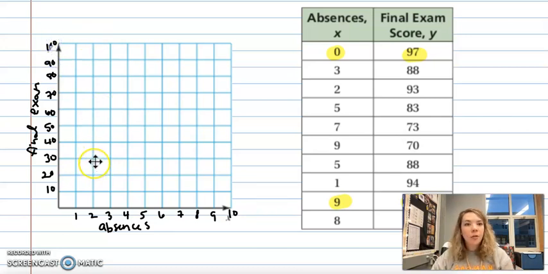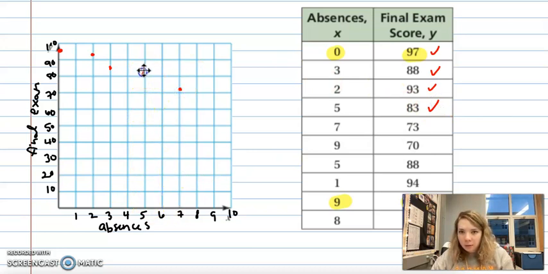All right. So on this one, 0, 97. Again, I like to cross them off as you go. Just don't cover them up in case you need them. So there's 0, 97, 3, 88, 2, 93, 5, 83, 7, 73.